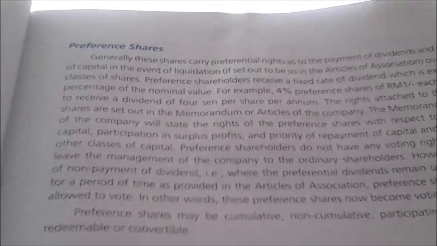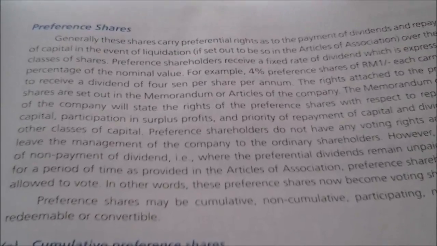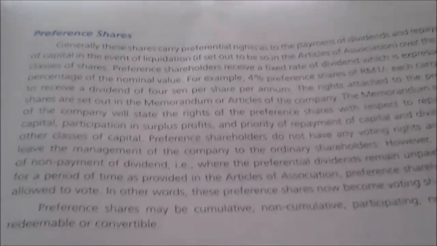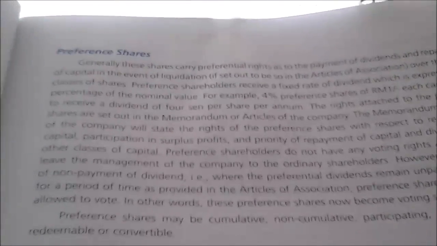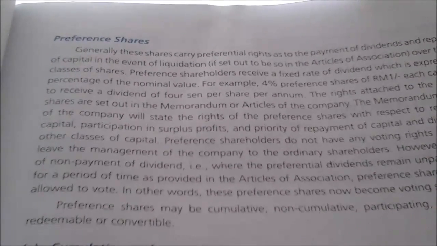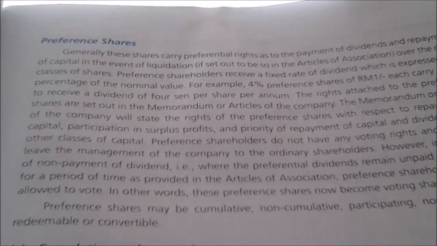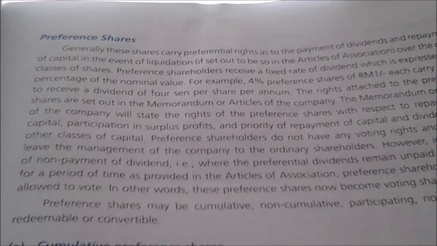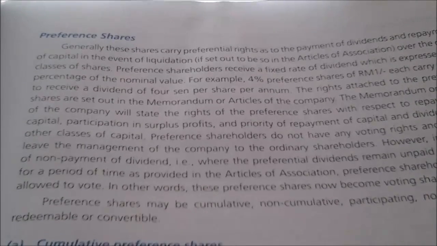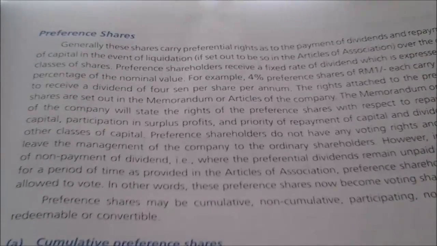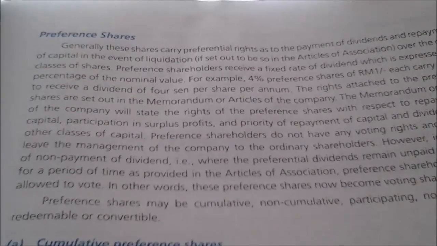Okay, preference shares are usually a bit more expensive than ordinary shares. The reason being, ordinary shares get dividends when the company makes a lot of profit, but if the company is not making profit, then they won't have any dividend.